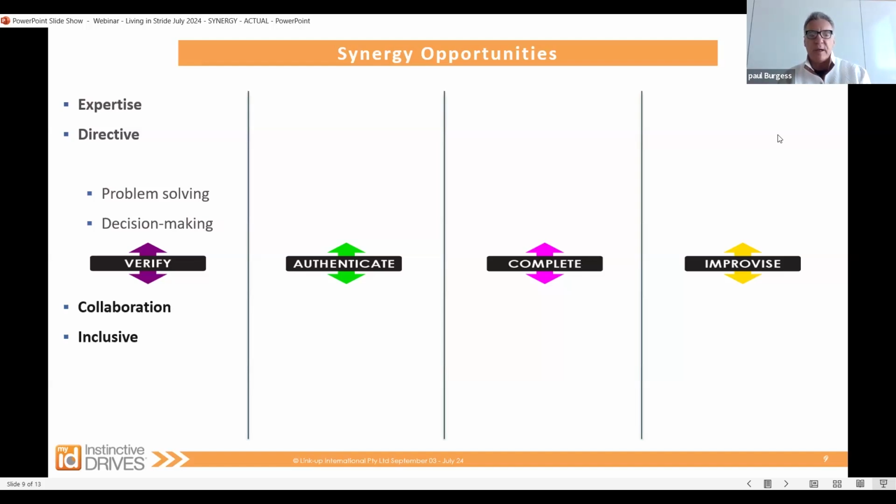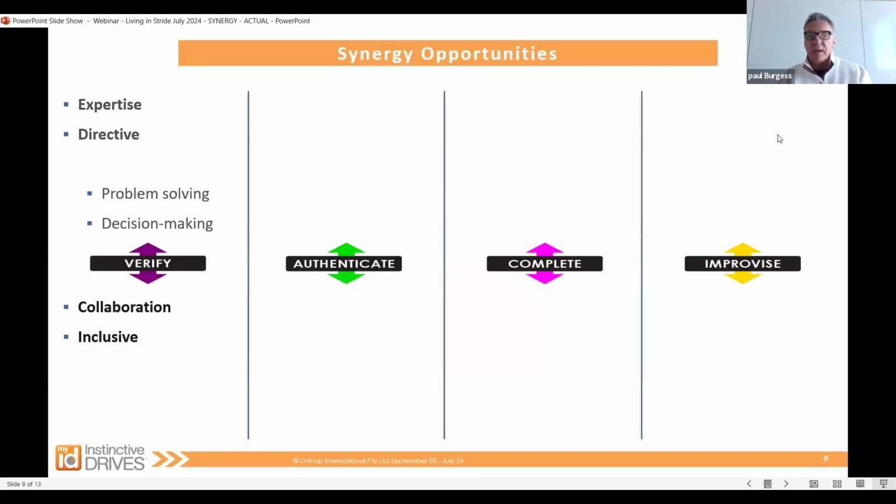I've just put some thought starters in here. I don't mean for this to be exhaustive, but a lot of people think of the verify drive as the problem solving drive, the way people solve problems. Of course, it's not the only drive that solves problems. But to kickstart the thinking, when it comes to problem solving or decision making, if you thought about bringing in a verifier and an avoid verifier, you can have both people with expertise, but the verifier is going to want to use and demonstrate their expertise to solve the problem.